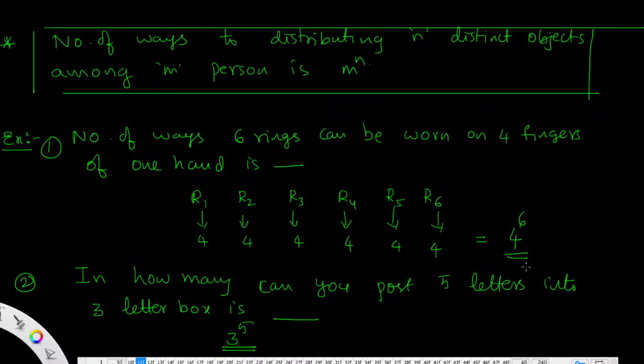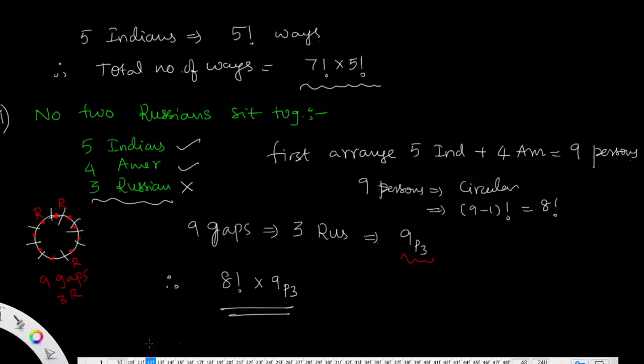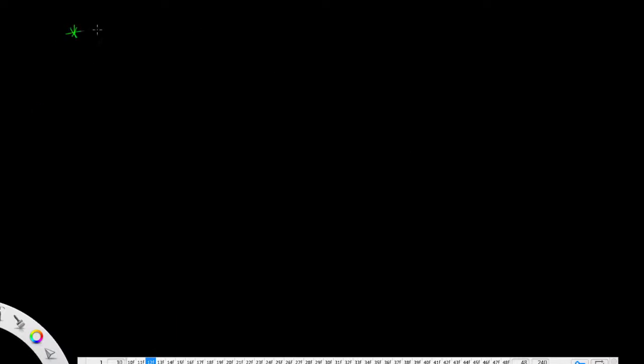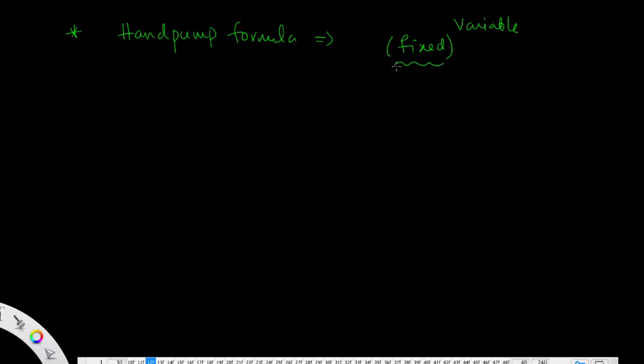The formula to remember is as the hand pump formula. That is, fixed value is written down and variable is written upwards. So the down value is always the fixed value and the variable is the number of ways.